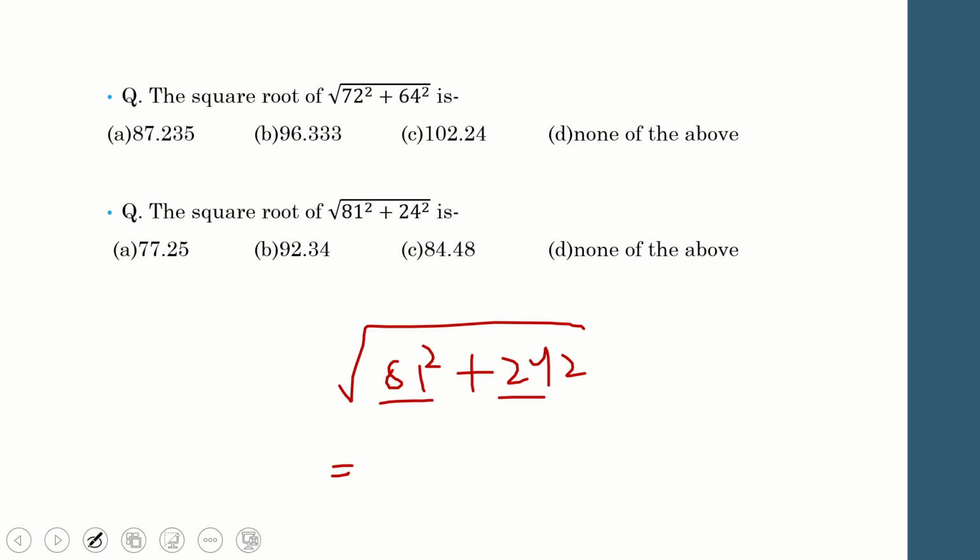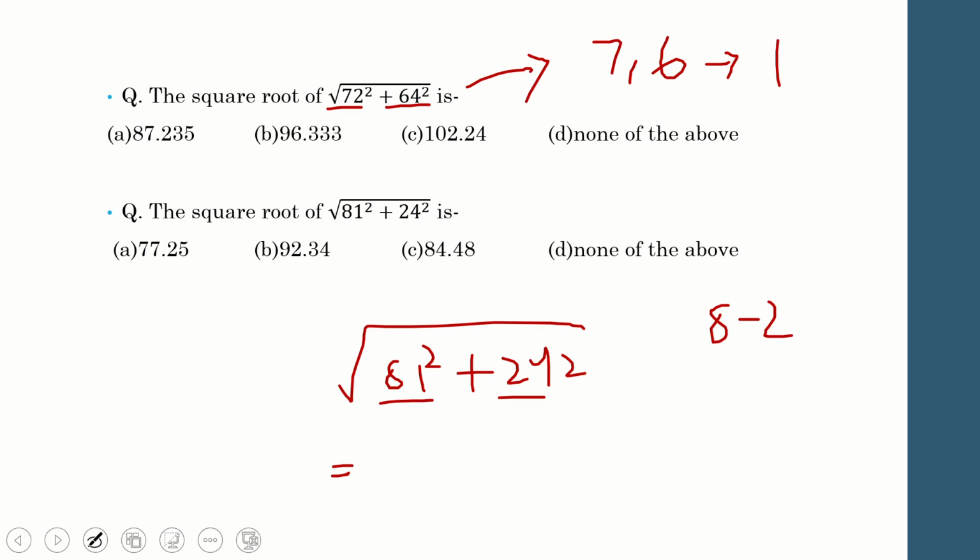Just one thing: for 7 and 6 that I checked right now, the difference is actually 1. I mistakenly took 72 and 64; that one you don't have to take.